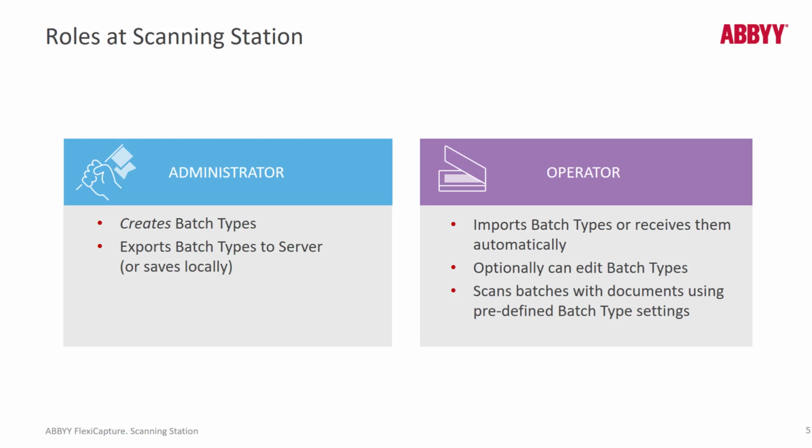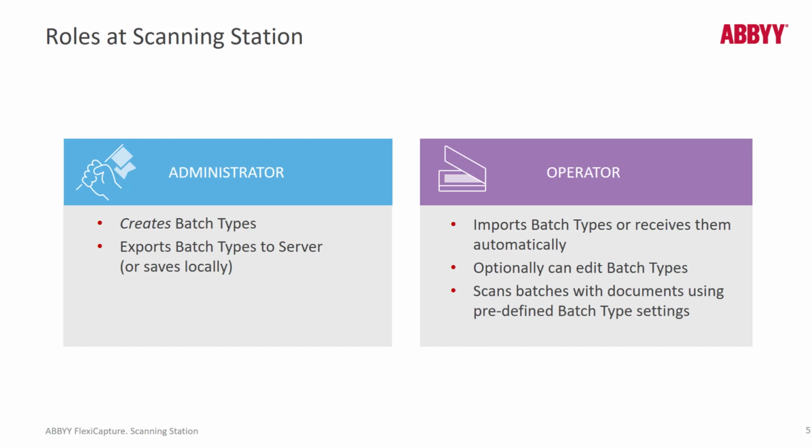One or more batch types could be created by the administrator and then exported to a server or saved locally, but there's an advantage to saving the batch types to a server because when an operator starts up ScanStation, a setting can be made where the latest batch types can be imported automatically. So scanner operators are always using the latest version of the batch types created by an administrator.